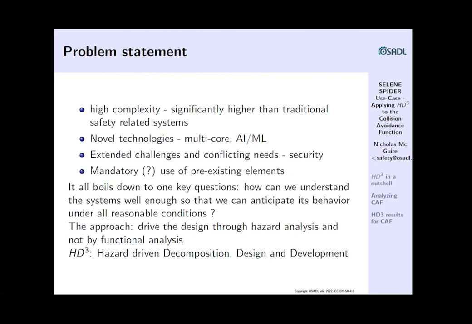Just to mention one is seemingly conflicting needs between security and safety. Traditional safety wants deterministic systems. Security wants non-deterministic systems in the sense that they are no longer predictable, so that an attacker cannot know where to jump to do a return-to-libc attack or a buffer overflow or whatever.